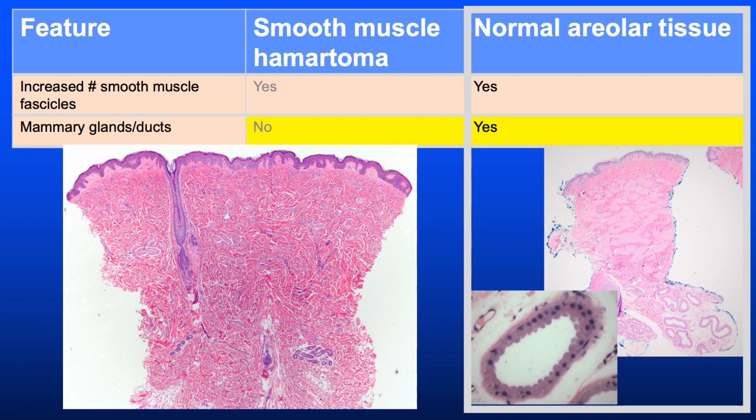However, only normal areolar tissue is associated with mammary ducts and glands. So you have to be somewhat lucky to have a nice section of the actual mammary duct and gland. I don't have that here, but even if you're off center, you'll still see the associated modified apocrine glands of the mammary tissue that you would not see in a smooth muscle hamartoma.